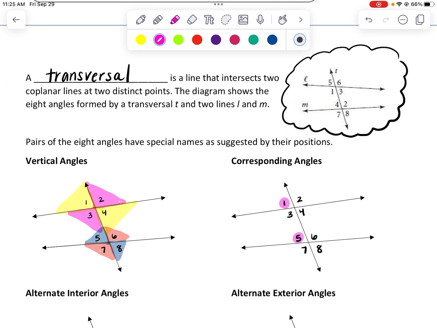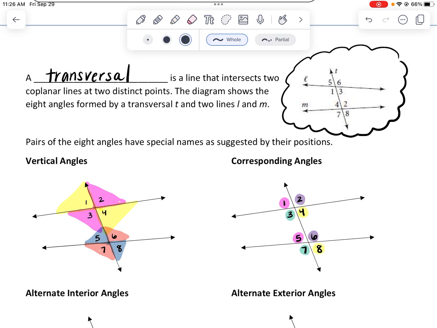So, angle 1 and angle 5 are corresponding angles. Angle 2 is above the line to the right, so angle 6 is also above the line to the right. Angle 3, below the line to the left, so I go below the line to the left. There is my corresponding pair. And then 4, below to the right, 4 and 8.